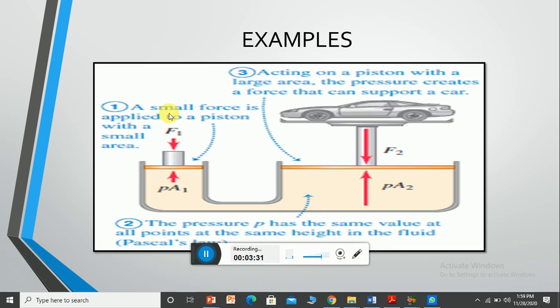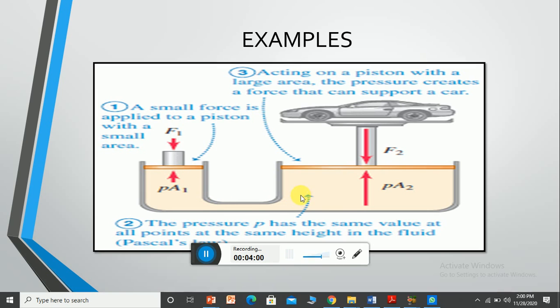Here we will apply a small force, a small force applied on a piston having a small area. And on the other end we have a large area, and we put a heavy weight on it. In between we have a liquid or fluid.